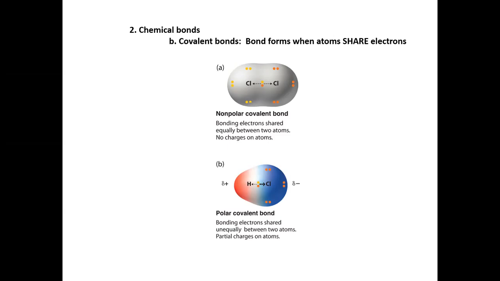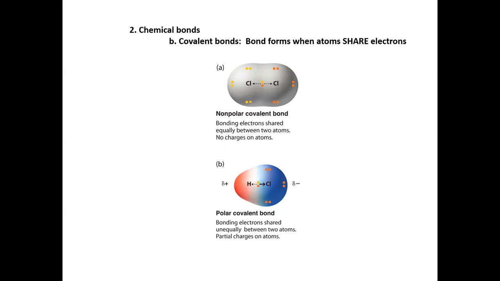The top variety, called a nonpolar covalent bond, simply means that electrons are equally shared between the two atoms. In this case, it's the yellow and the orange one. Those two chlorine atoms are sharing those electrons. In this bond, the yellow electron is spending as much time around the left chlorine as it is on the right chlorine, okay?